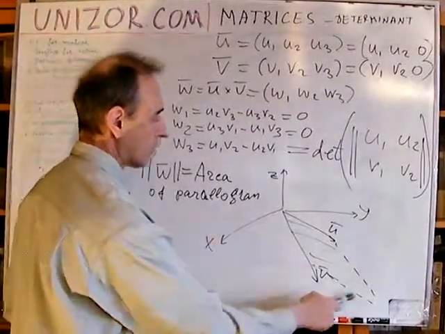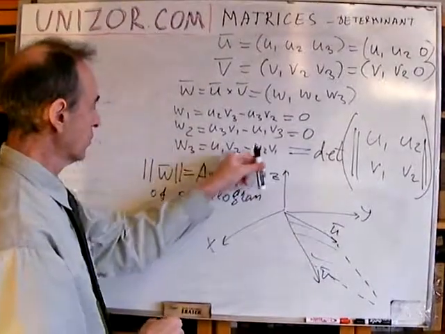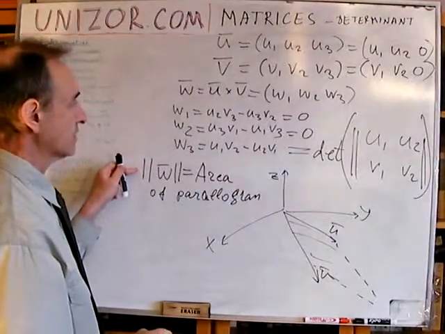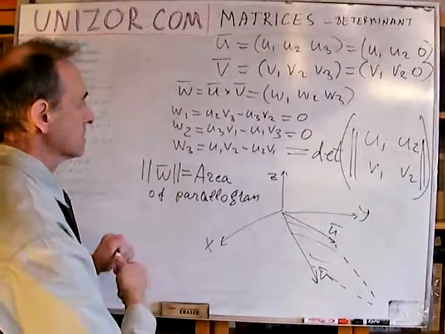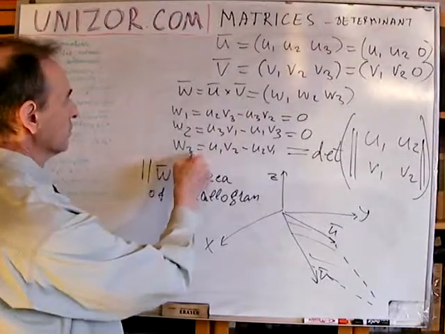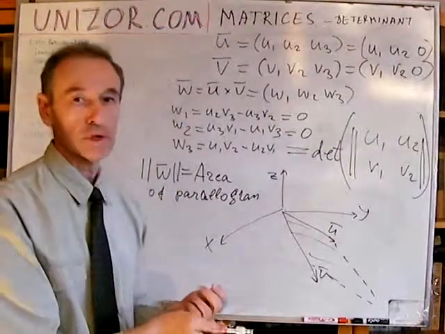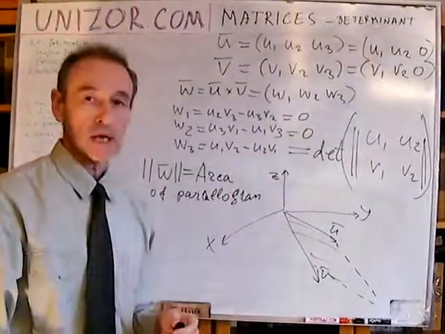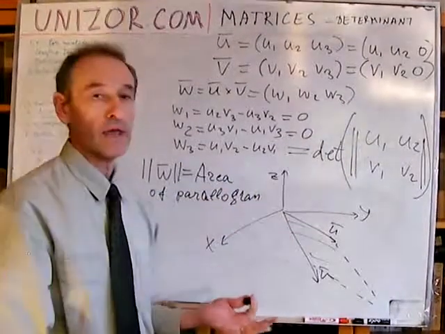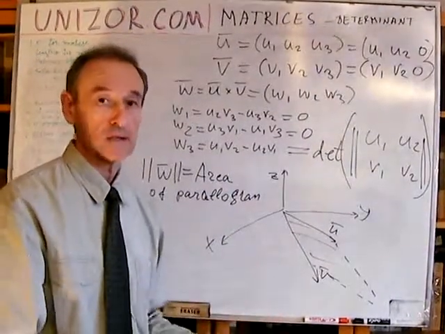So the area of this parallelogram is equal to the length of the vector w. And the length of the vector w is basically the absolute value of w3, because w1 and w2 are equal to 0. So it's a vector which is stretched along the z-axis. So the absolute value of the z-coordinate is its length.